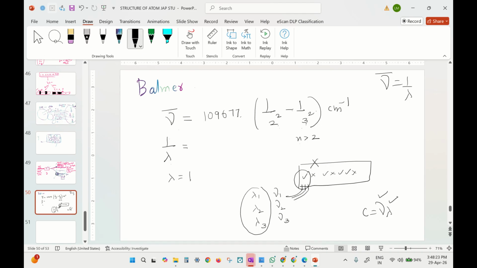This particular electromagnetic radiation with this wavelength value is found in this region. So he enumerated a formula.